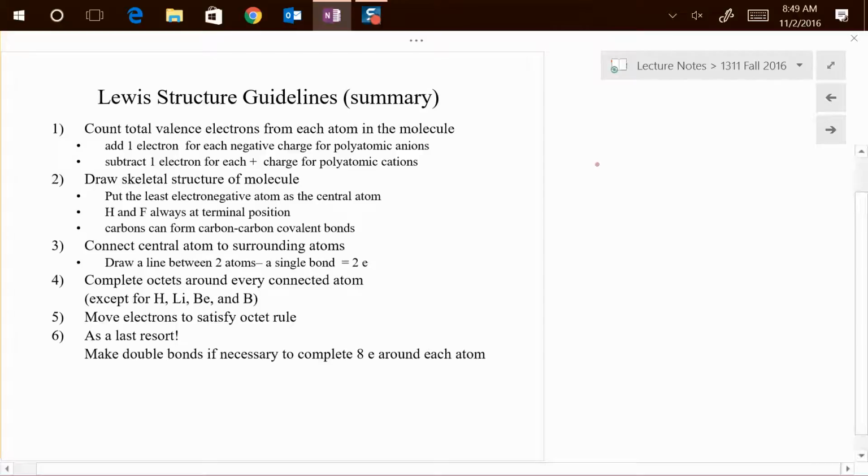So, for example, let me draw water. We know water has 2 bonds, so we would represent those bonds with lines. The non-bonding electrons are represented by dots. Now that's the Lewis structure. The Lewis dot structure would be where you have 2 dots for a bond.